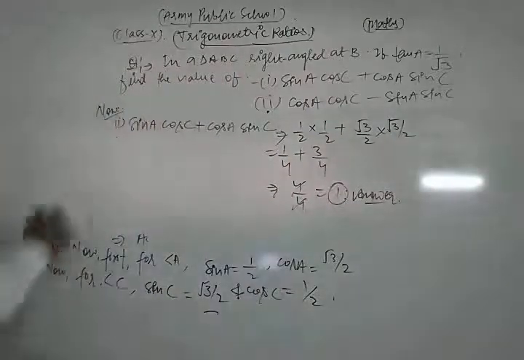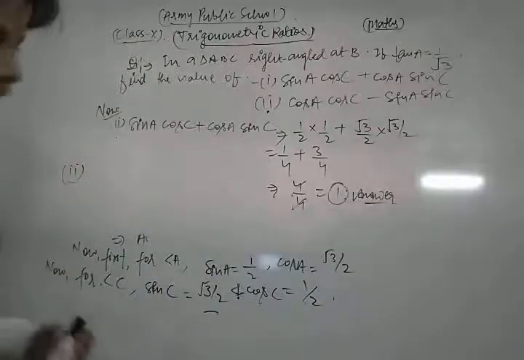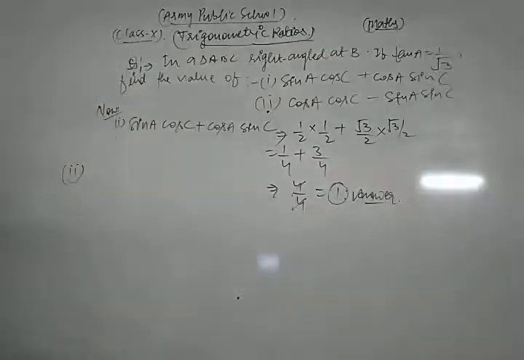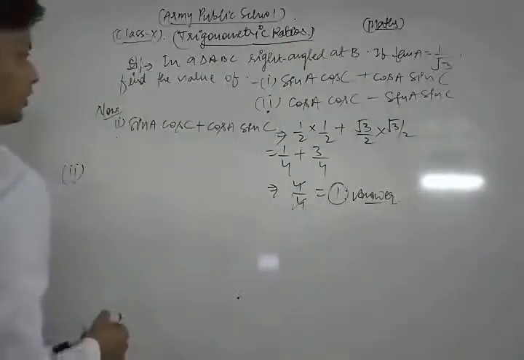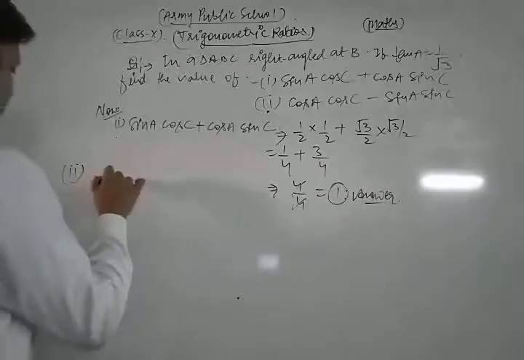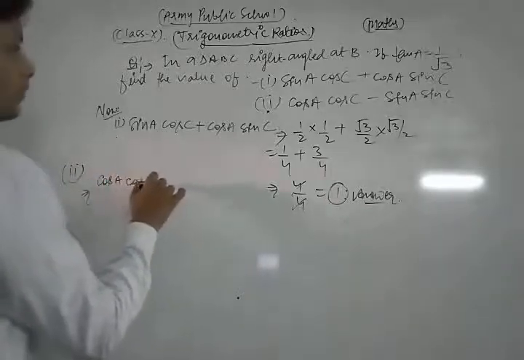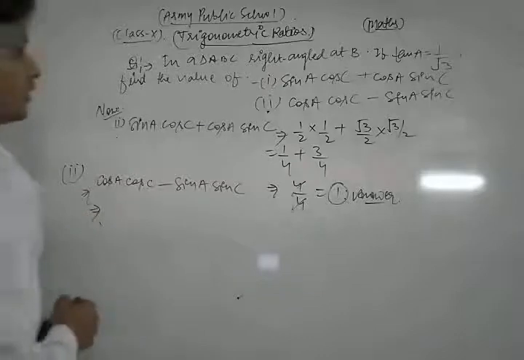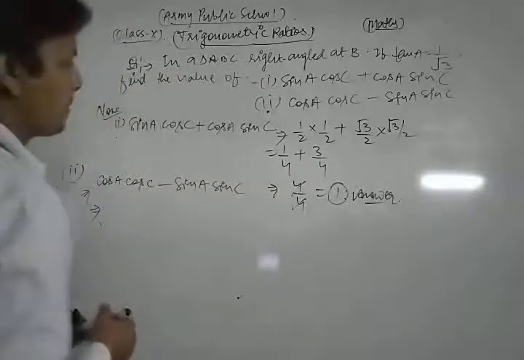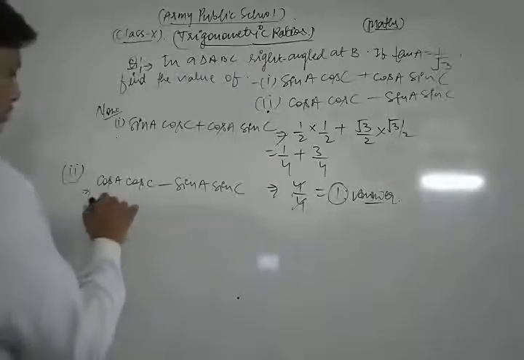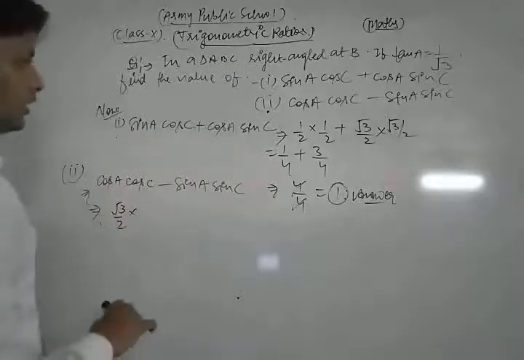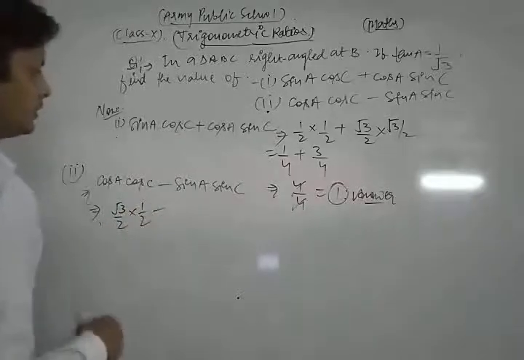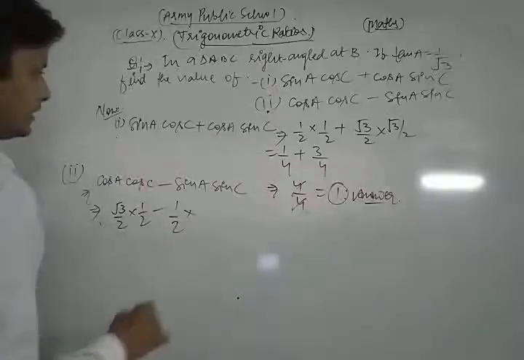Now, for the second part of this question, that is cos A cos C minus sin A sin C. So we get cos A is root 3 by 2, cos C is 1 by 2, minus sin A is 1 by 2, and sin C is root 3 by 2.